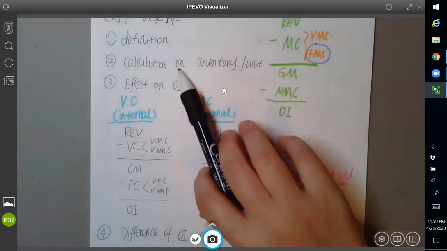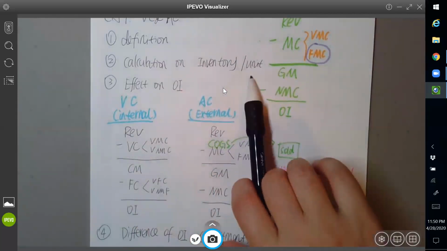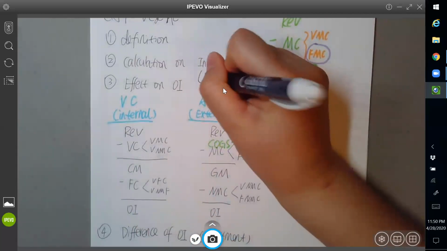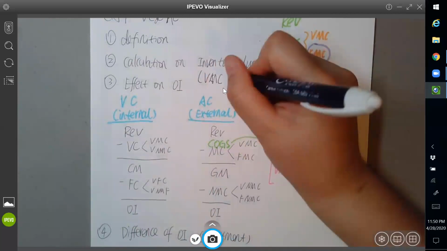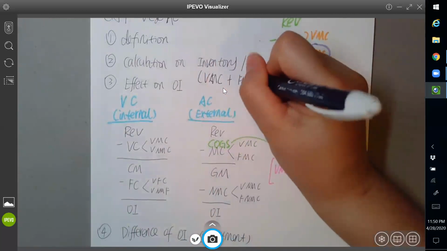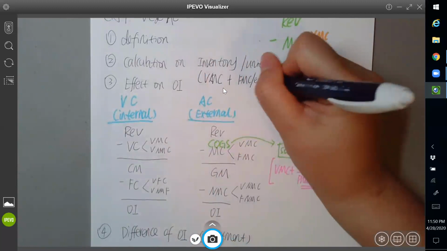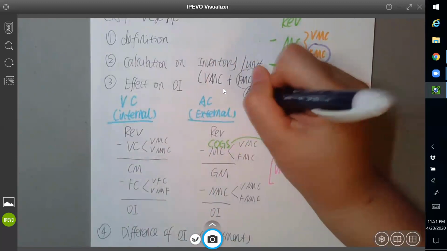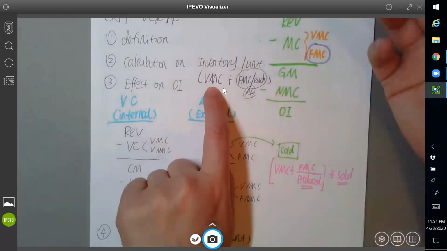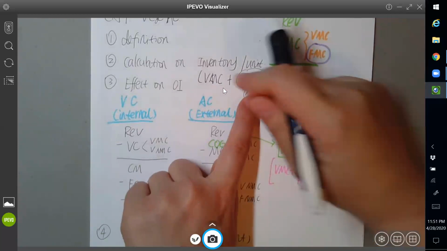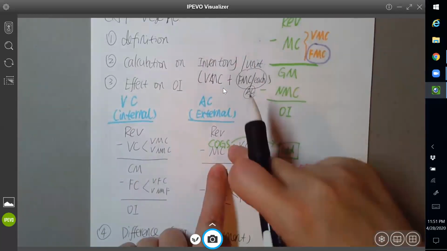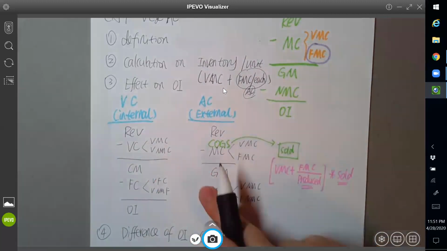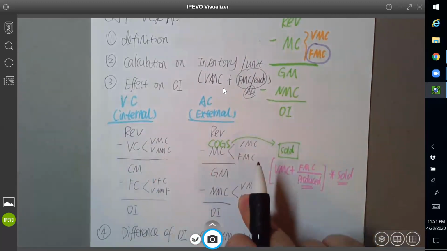The first one is to calculate the inventoriable cost for each unit, which is your variable manufacturing cost plus the fixed manufacturing cost for each unit under the absorption costing method. Under the variable costing method, you only use variable manufacturing cost. And then once you get the inventoriable cost per unit, you multiply by the units sold, that gives you cost of goods sold, and then you subtract all the non-manufacturing cost.